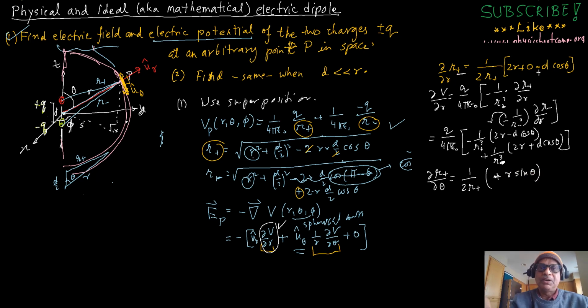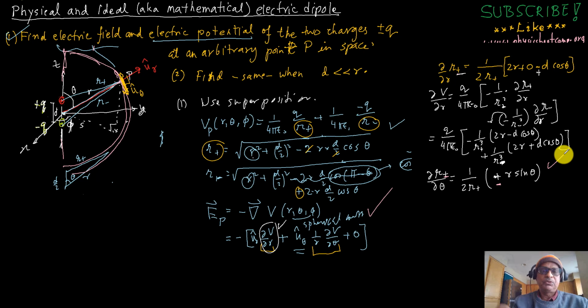Now if I work it out with a minus, then this will become minus, and then I just put it in there and everything is hunky-dory, right? Okay, so that tells you how to get to the answer.